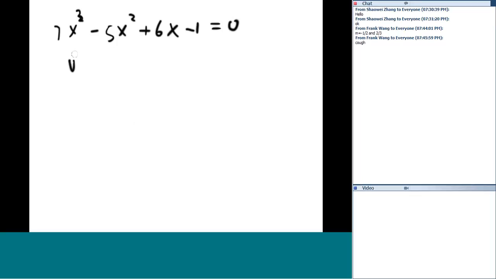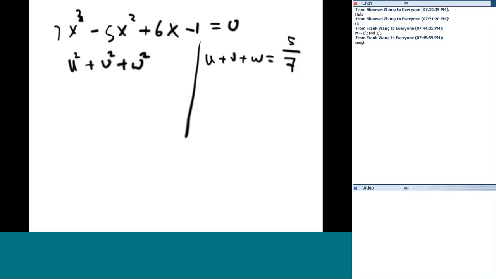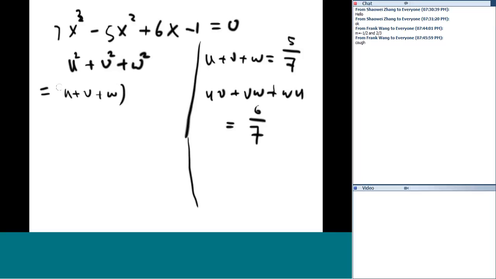So if you have u, v, w, then u plus v plus w equals 5 over 7, right? And uv plus vw plus uw equals 6 over 7, right? Just using that will be enough. So you can simply write it as (u plus v plus w) squared minus 2 times (uv plus uw plus vw).